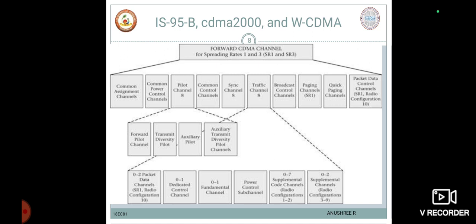IS95B and CDMA 2000 are different types of CDMA, where CDMA 2000 has backward compatibility with IS95B with support for high speed packet data and multimedia services and advanced radio technologies such as smart antennas. To achieve enhanced packet data transfer rates, CDMA 2000 has incorporated several improvements and additions to the IS95B air interface and the coding schemes employed by the system.